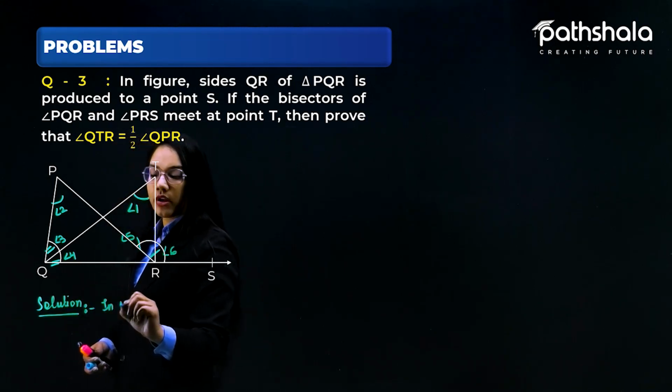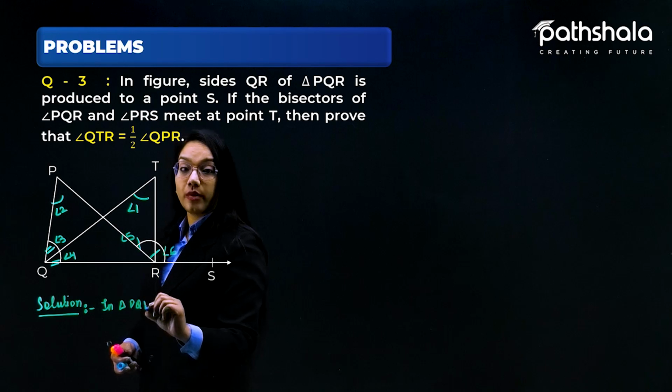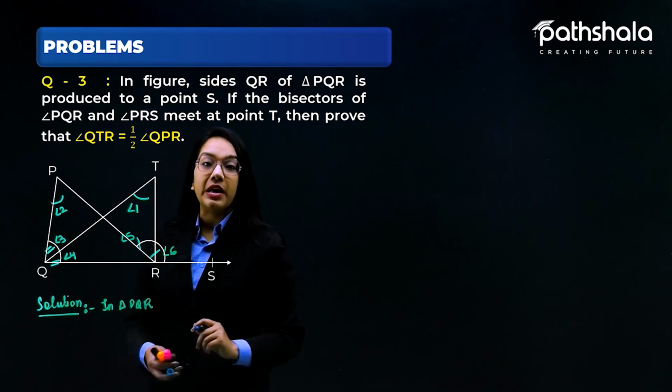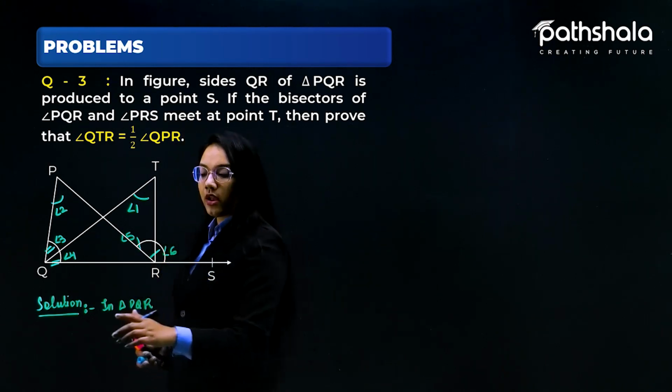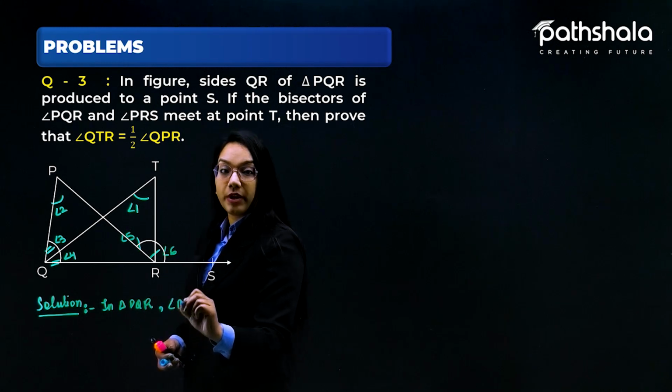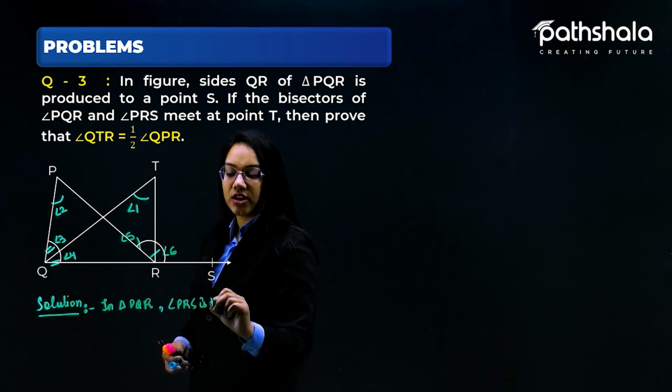In triangle PQR, the angle PRS is the exterior angle.